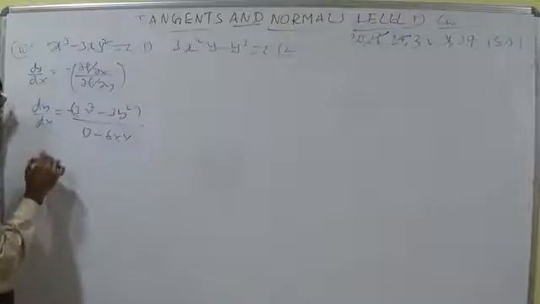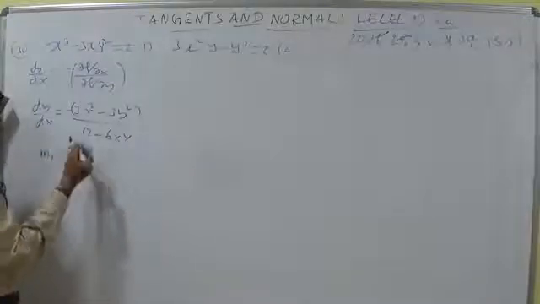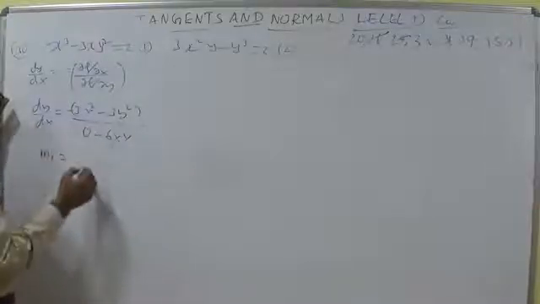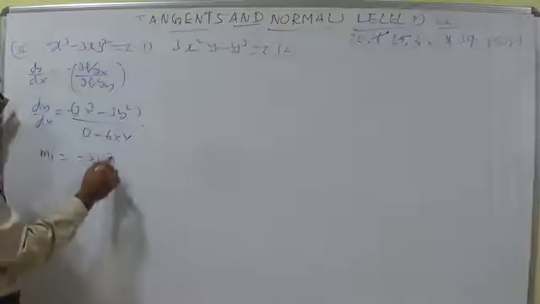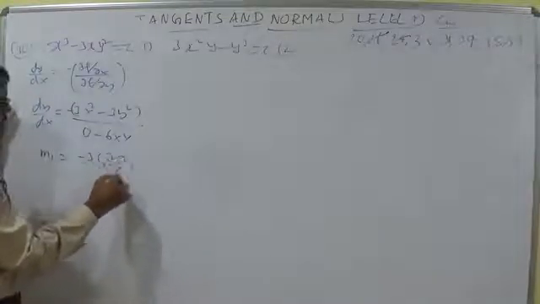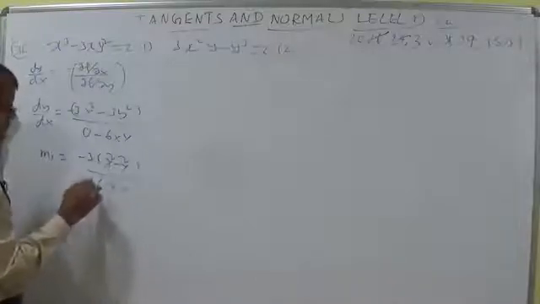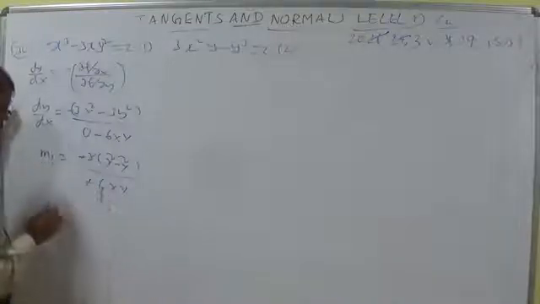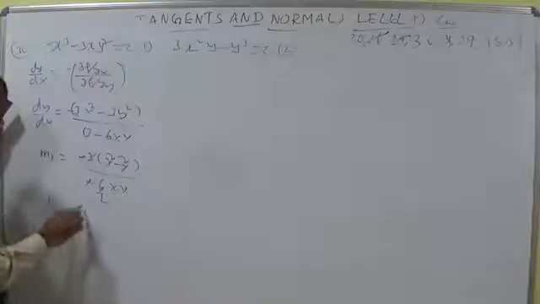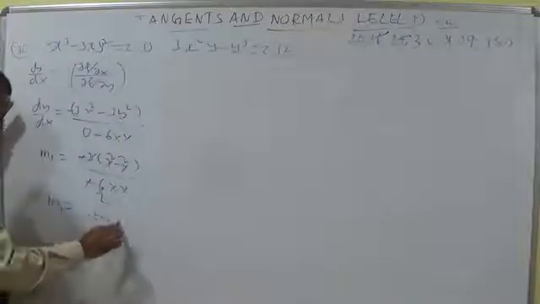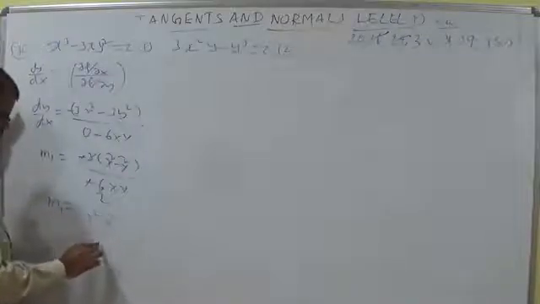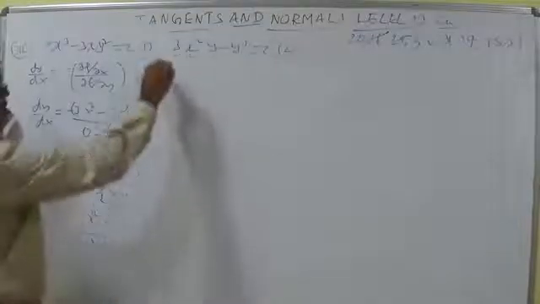So m1 is equal to minus, taking 3 common, x square minus y square by minus 6xy. The minus signs cancel, so m1 is equal to x square minus y square by 2xy.